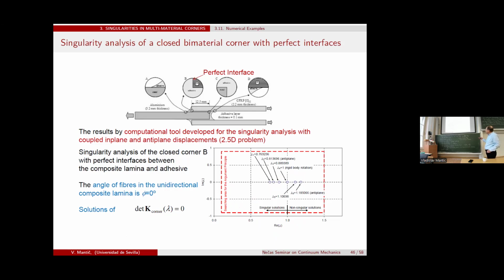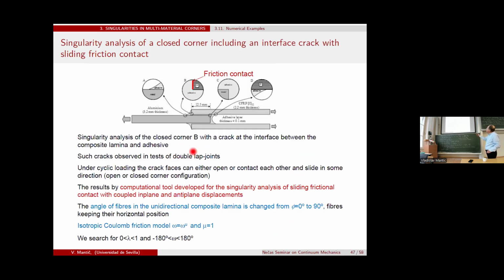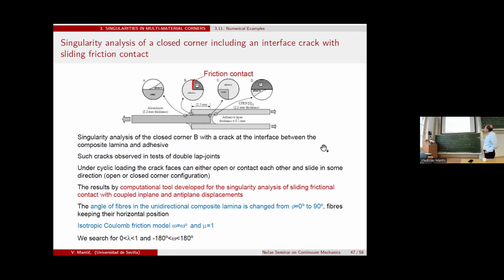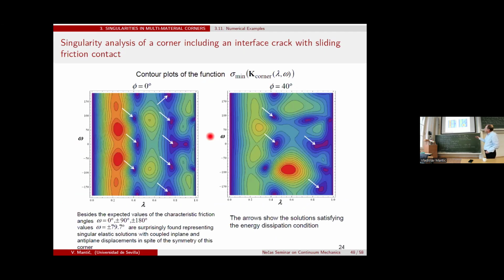determinant condition. However, if there is a crack here, we can consider frictional contact in this crack. And we need to look for the minimum singular value of this rectangular matrix. So what we do is plot this singular value sigma 1 and look for minima, which should be 0.